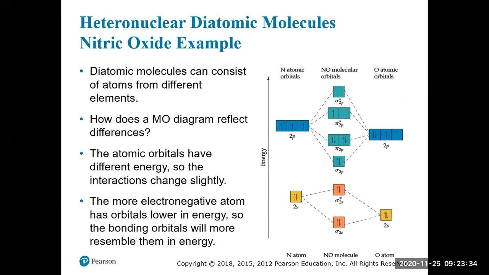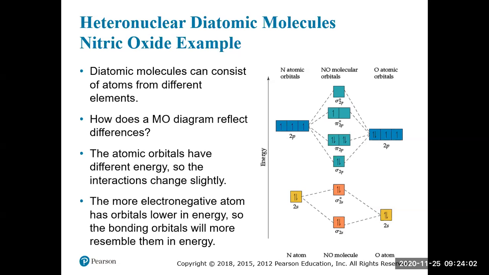So up until now, we've been talking about diatomic molecules, but the diatomic molecules we've been talking about have all been the same atom. Let's talk a little bit about an example of a diatomic molecule where it's two different atoms. And when we start doing that, these molecular orbital diagrams get a little more complicated.